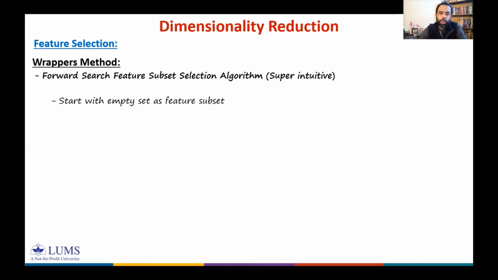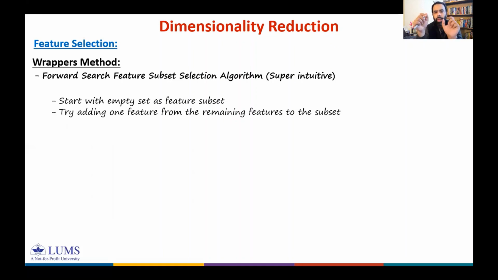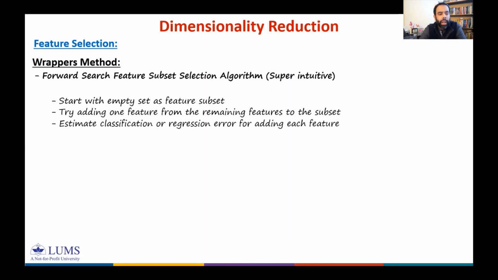So we add one feature from the remaining features to the subset. You have started with an empty set, you have added one feature from this remaining set. And you estimate classification or regression error for adding each feature.